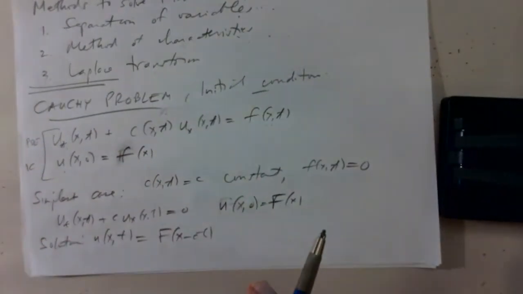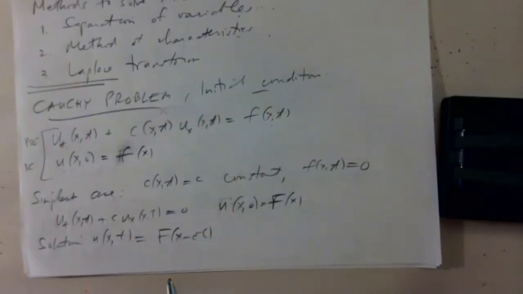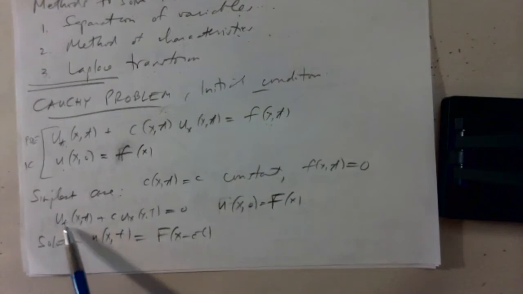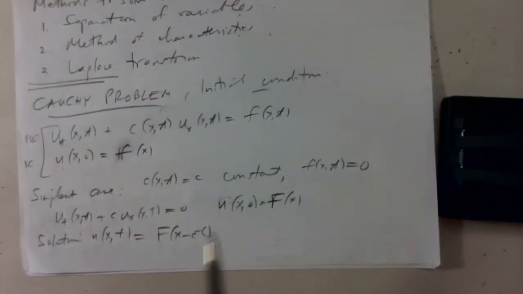And the simplest case is when this function is just a constant, just a number, and it's homogeneous: partial u with respect to t plus c partial u with respect to x equals 0.